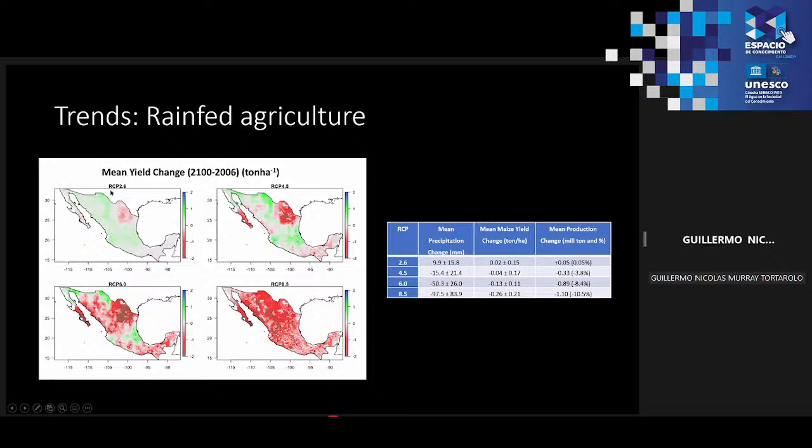Maize is like an umbrella for every other rain-fed crop. So what we're seeing here is not just the expected impact on maize, but potentially the impact for all rain-fed agriculture. So this decline in expected precipitation across the country could have strong impacts on rain-fed agriculture production, which is the basis of the subsistence for small-scale peasants.